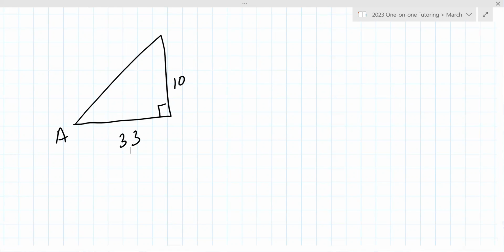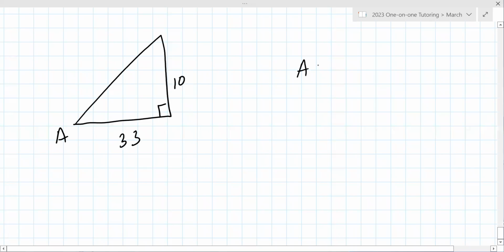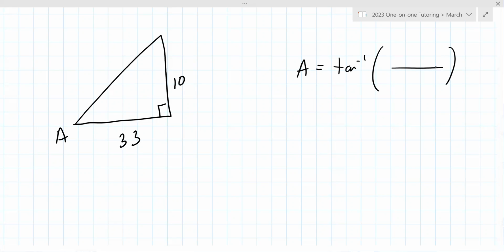Yes. So first it would end up being adjacent and opposite. So A and O. So it would be tangent. O. So A equals tan -1 will end up being 10/33.